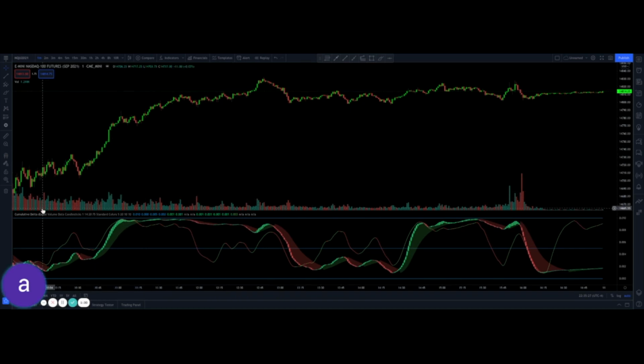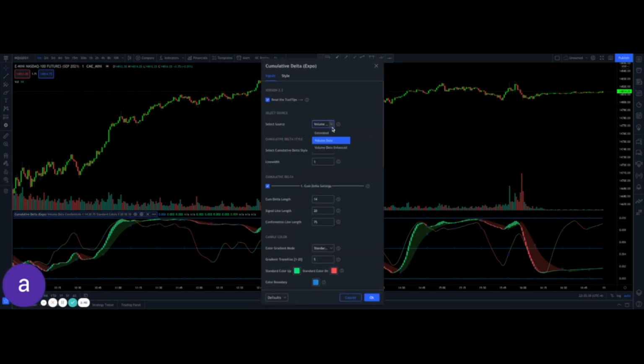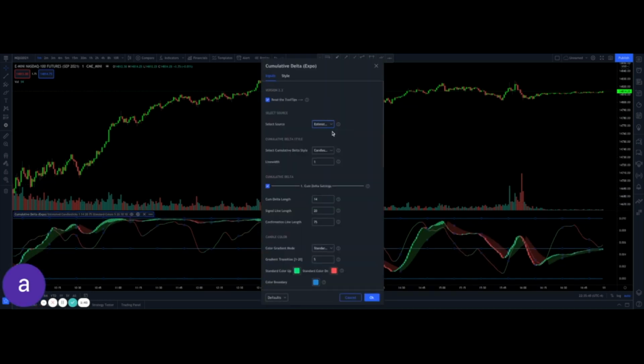All right, so the delta is on, and I'm going to show you the settings that I use. We're going to change this to estimate, and then we change that to estimate.